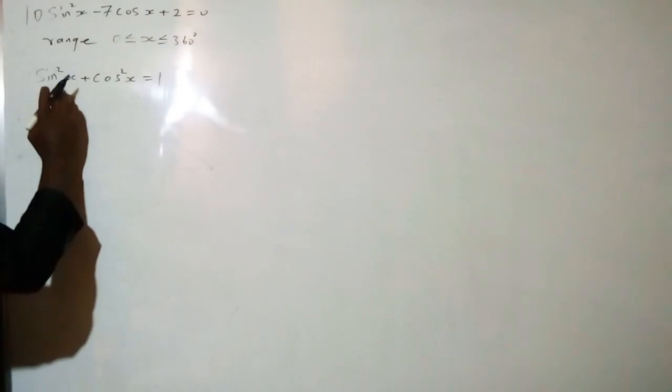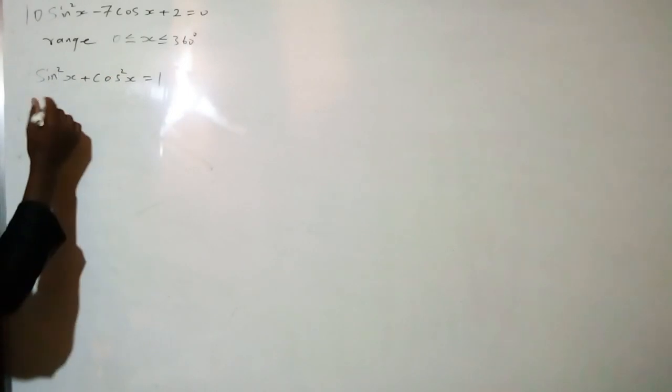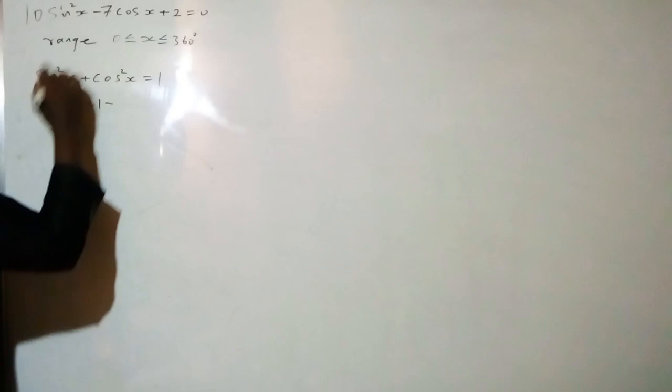In this, we are going to make cos squared x the subject, and cos squared x will be 1 minus sine squared x.